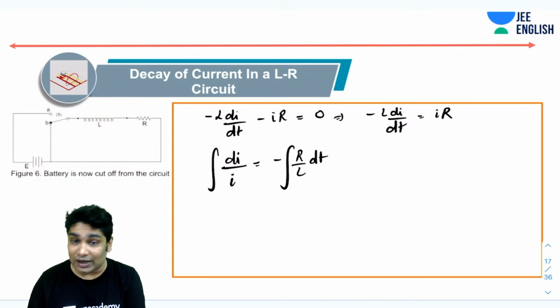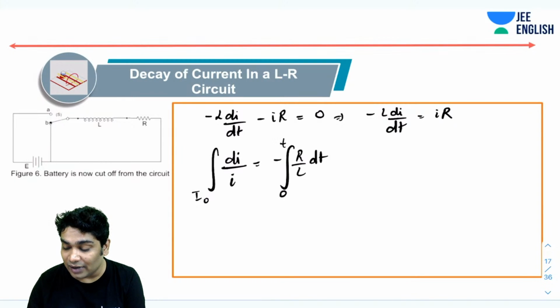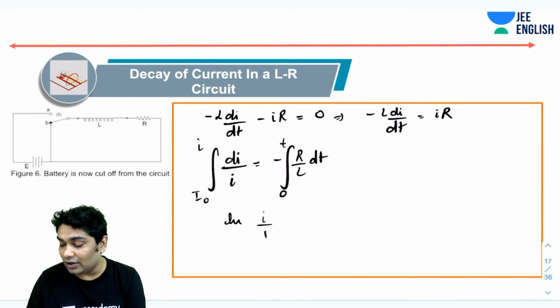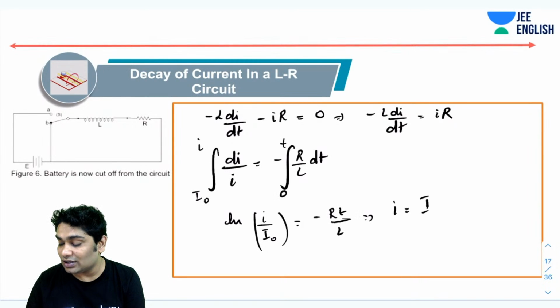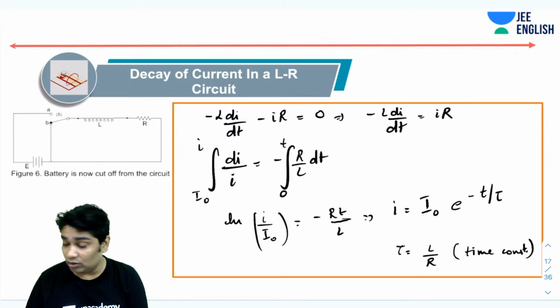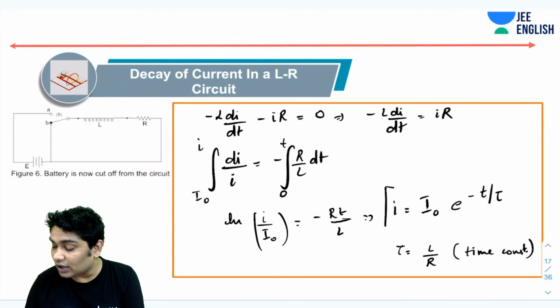The integration limits I know: at t equals 0, the current was I naught, and at time t, the current has become some I. So here I will have ln I over I naught equals minus Rt over L. So this gives me I equals I naught times e to the power minus t over tau, where tau equals L over R is the time constant of decay of current. This is my expression for current as a function of time.